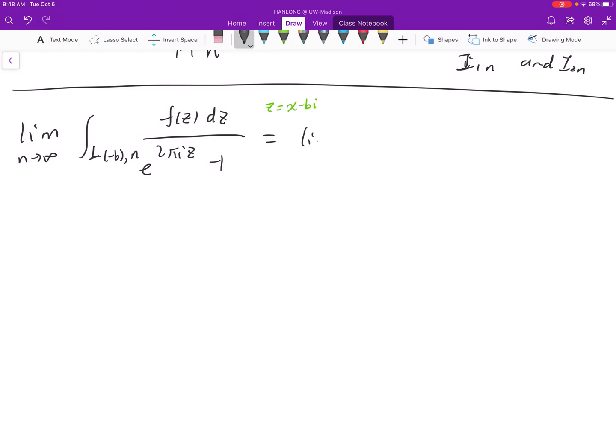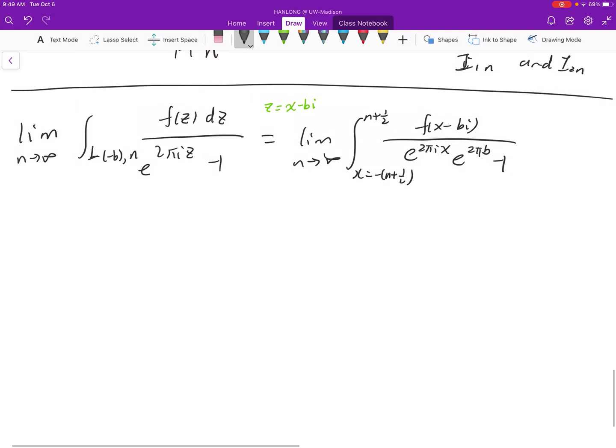Therefore, you have the integral from negative m plus 1/2 to m plus 1/2 of f(x minus bi) divided by exponential 2 pi i x exponential 2 pi b minus 1.